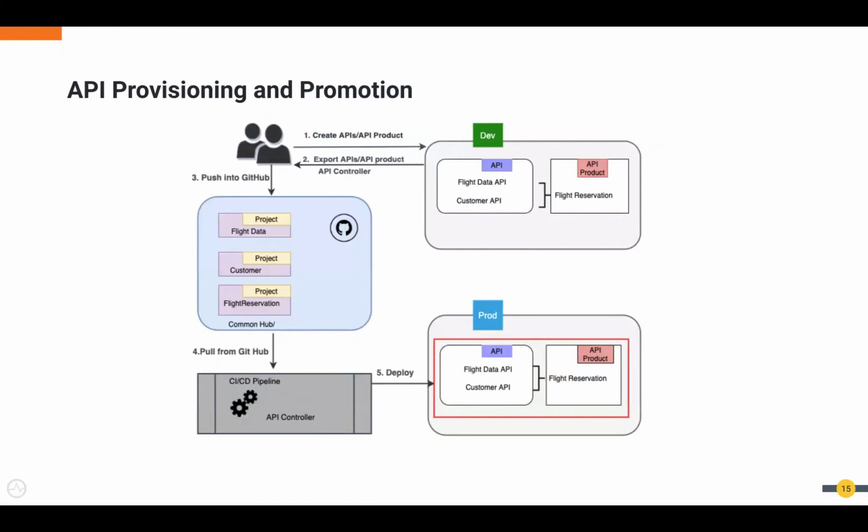This is about an example company that has a running business on flight reservation through their website. They are planning to expand their business by exposing an API product called flight reservation by combining the existing flight data API and customer API.